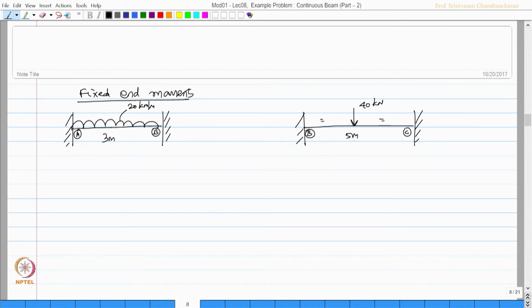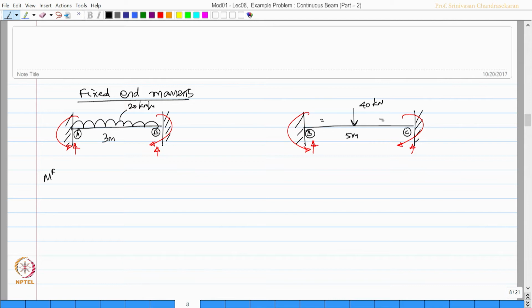And based upon the equations we gave in the last lecture, I can compute MF AB, MF BA and the reactions at A and B, can compute also MF BC and MF CB and the reactions at B and C respectively. So, let us do that.